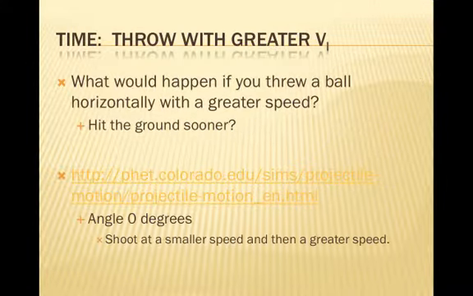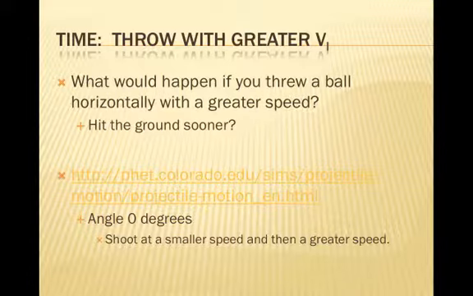Okay, let's go on. What if I take the projectile and I throw it with a greater initial velocity horizontally? I'm going to throw it horizontally with a greater speed. Would it hit the ground sooner than if I dropped the object?